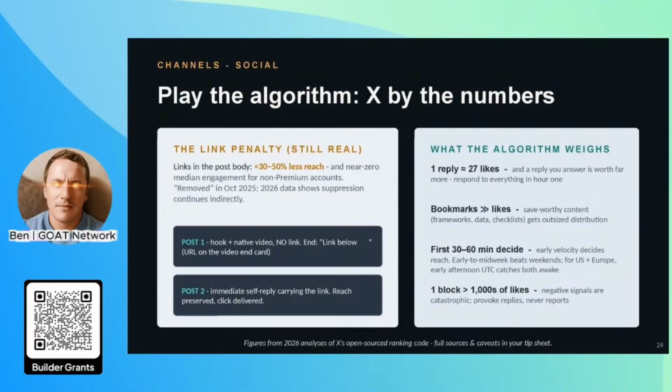The first post is all about the hook, and could be the demo or the meat of the post, and you can end that post with "link below" and post a second post underneath in a thread. You can put the URL in the second post, and that way you bypass these algorithm suppression problems.